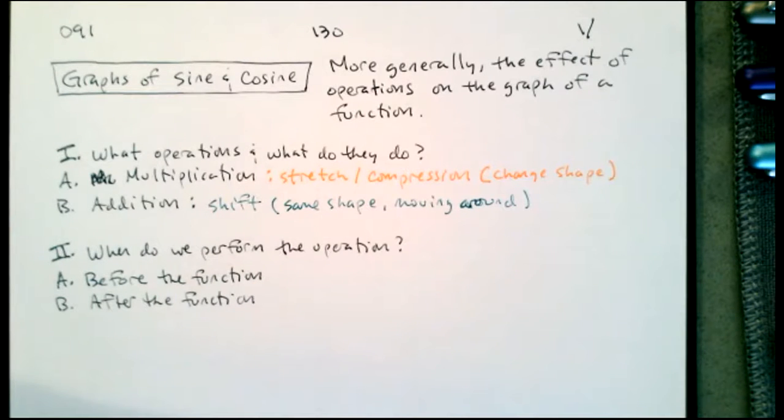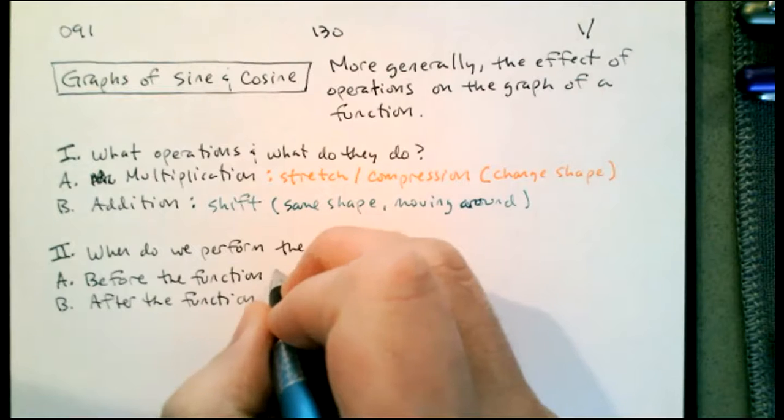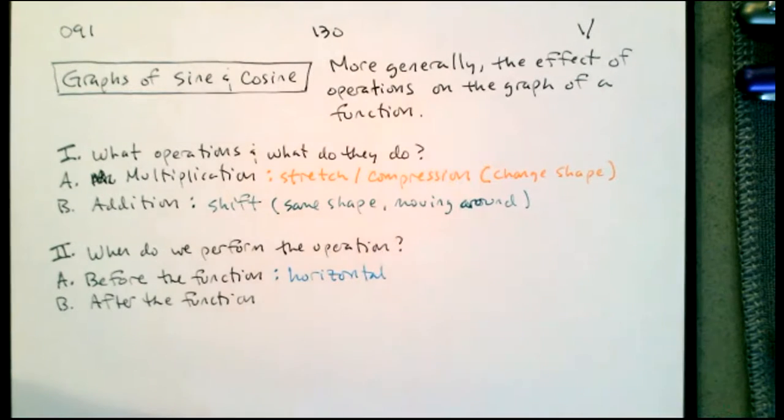When we do the operation before the function, we end up with a horizontal change. So we'll have a horizontal stretch or a horizontal shift. It's some kind of horizontal change.